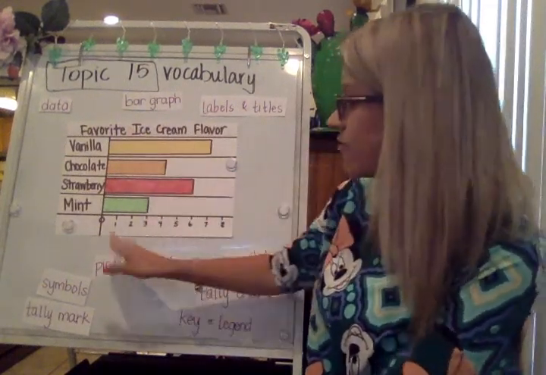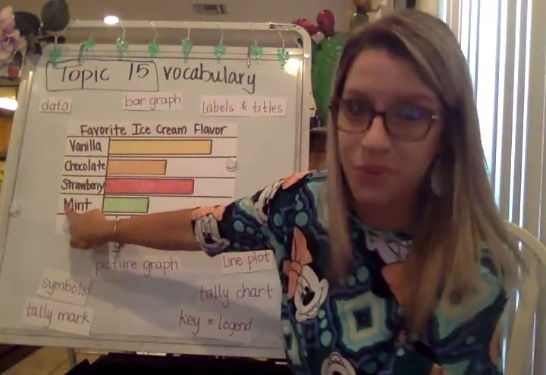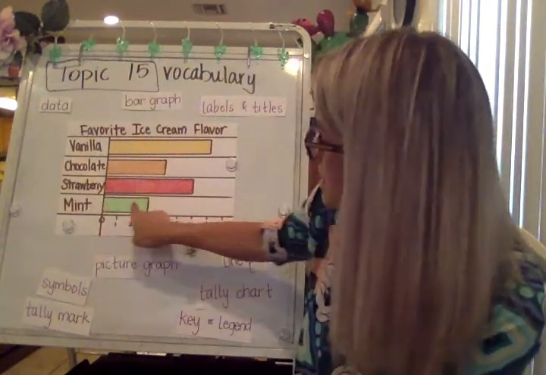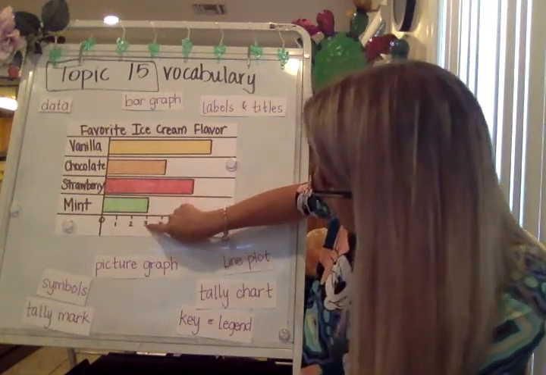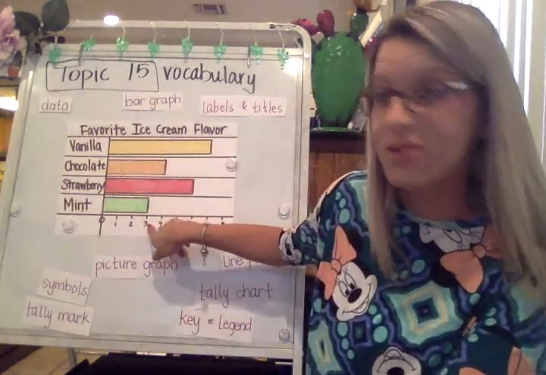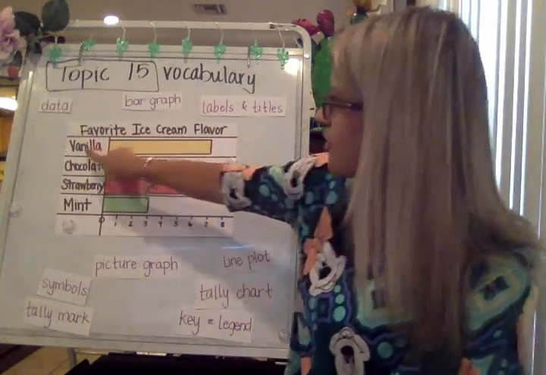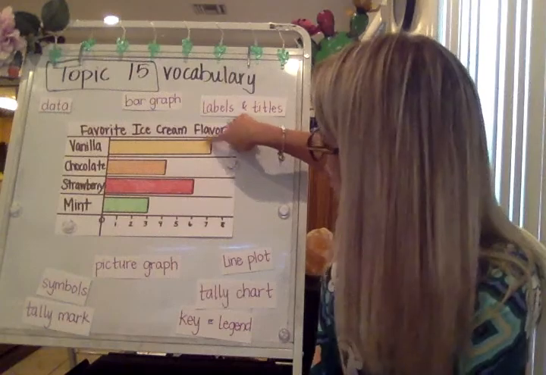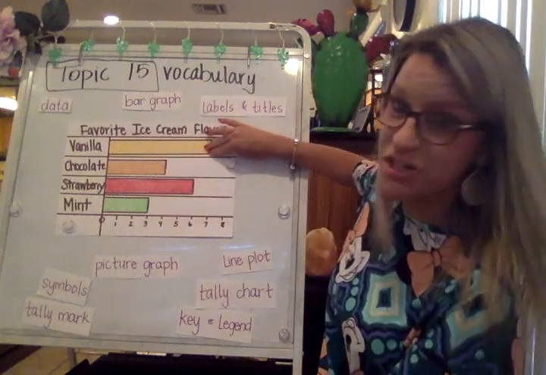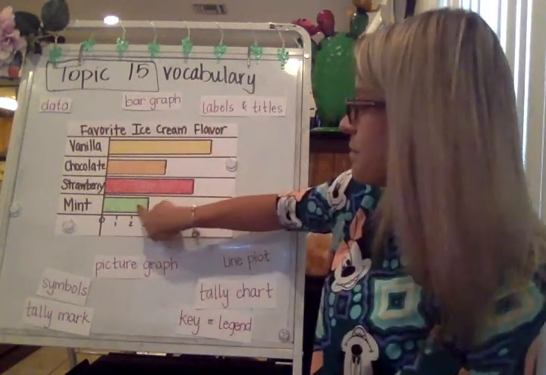On the bar graph, I want you to notice, for example, mint. It goes this far, and if I stop at this stop line right here, and I follow it down, that means that 3 people liked the flavor mint. If I was looking at vanilla all the way down here, you can tell that this is a much larger bar than the mint.